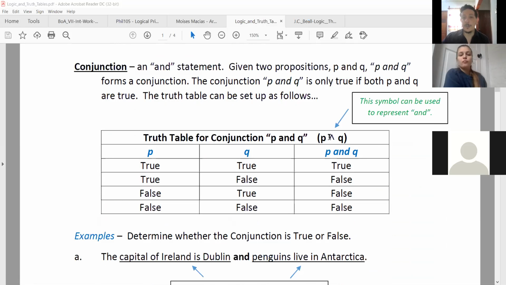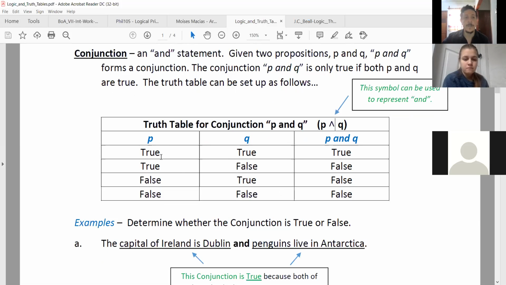So, for example, conjunction usually in symbolic logic is represented by this symbol here. You're not going to have to learn the symbolism, but that's usually how people summarize it. This is how "and" is represented, and then this is how the values are computed.